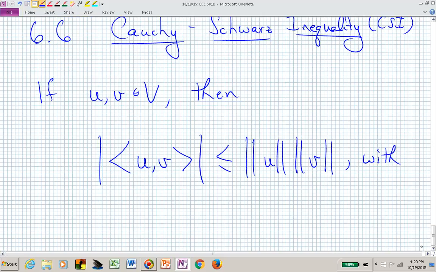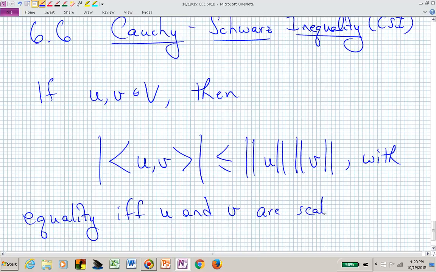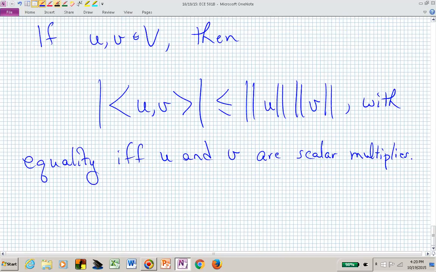And the only time that we will have that inequality being equality is if they're scalar multiples of each other. Equality if and only if u and v are scalar multiples. That's one way of writing the Cauchy-Schwarz inequality.